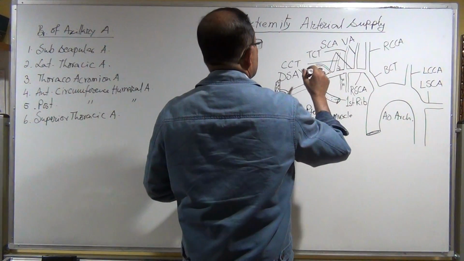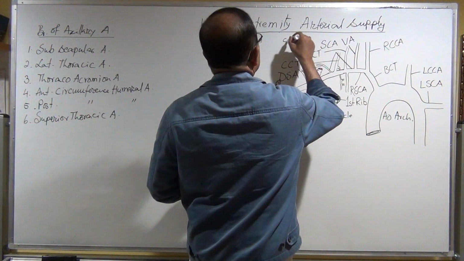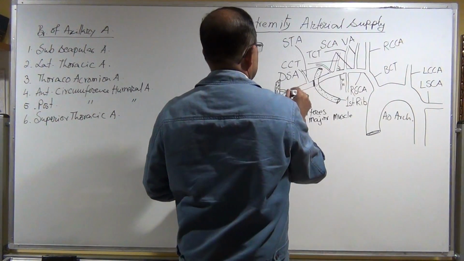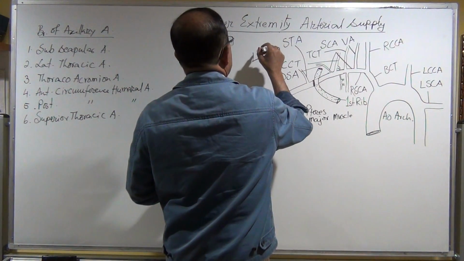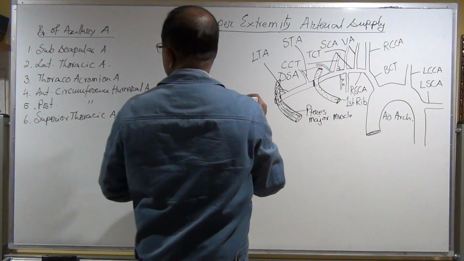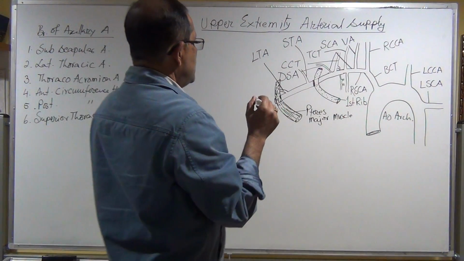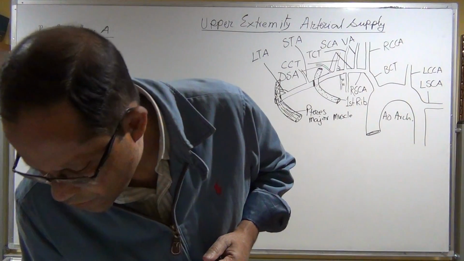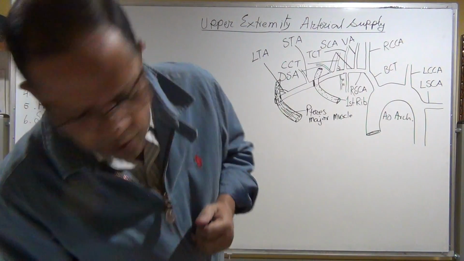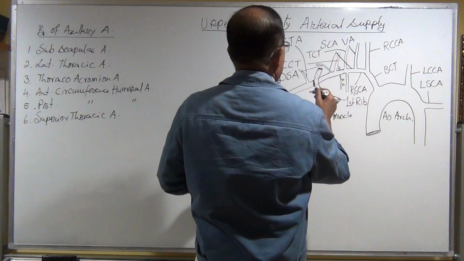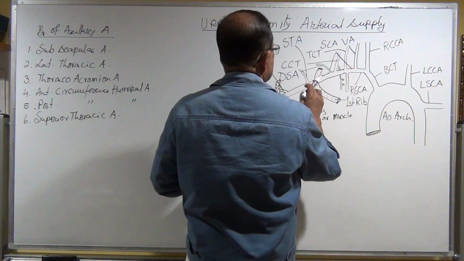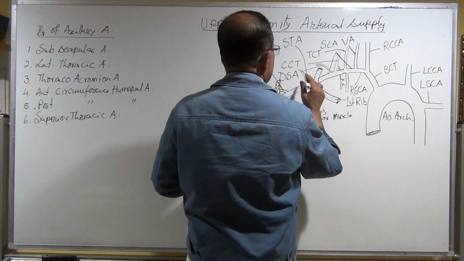Then the thoracoacromion artery arises from here.